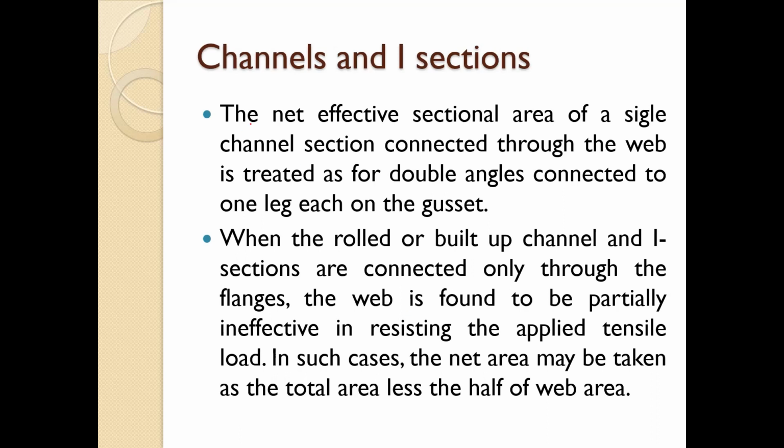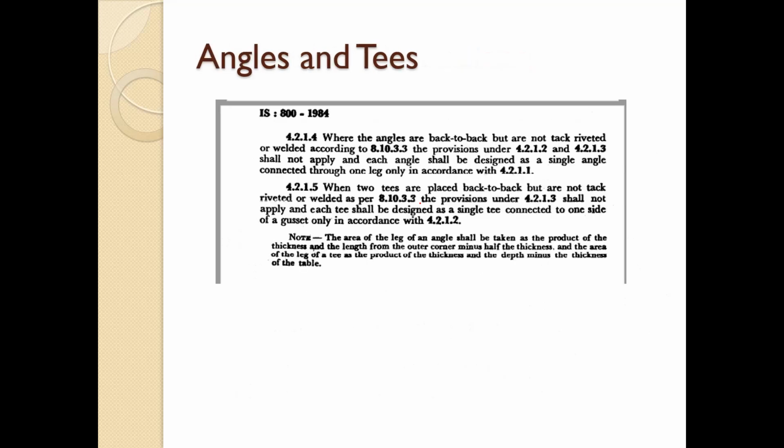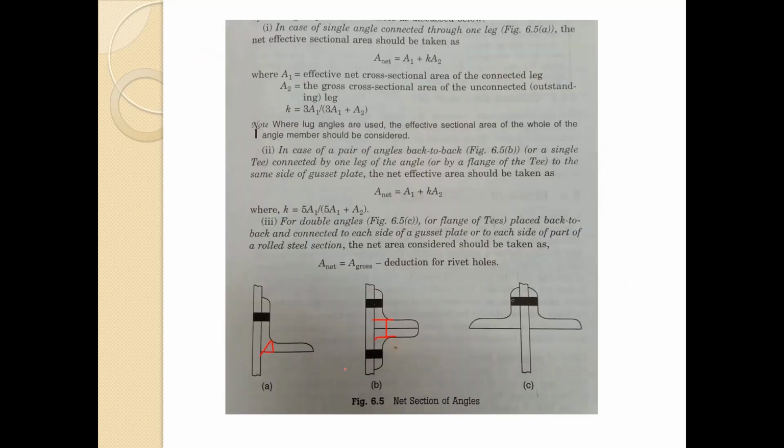So in the first case, the net effective sectional area of the single channel connected through the web is treated as for the double angles connected by one leg, that is same as this case, double angle connected by one leg.